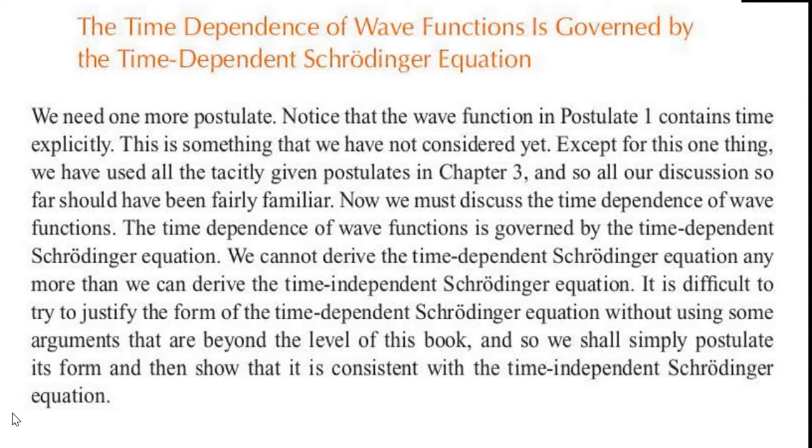The same is true for the time dependent part. Neither can we derive or deduce the Schrodinger equation, time dependent or time independent. Both of them we have taken as postulates, but it is working fine as far as the experimental result is concerned, so we are accepting it.